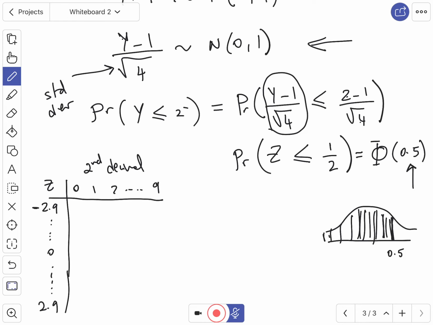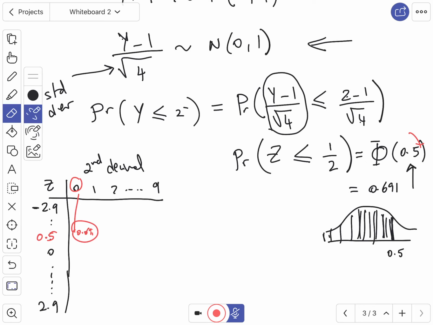If you check your textbook, you will find that this area is 0.691. How do you find this? You go first to this part of your table, you find here 0.5, and then the second decimal here is actually 0, so you go to the 0 and you will find this number, 0.691.